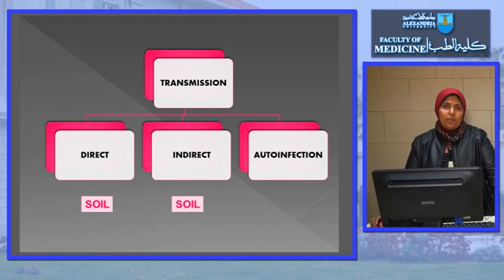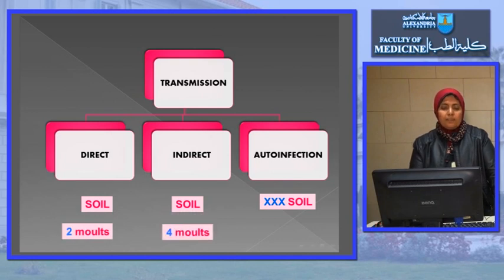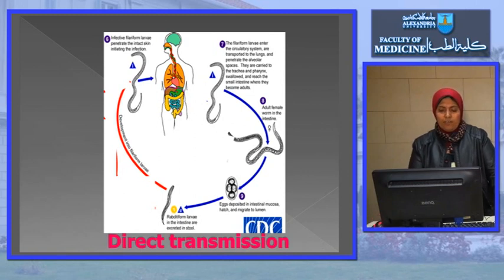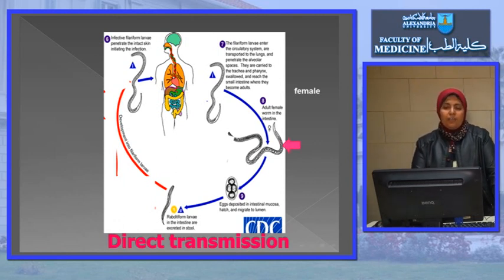The rhabditiform larvae have to descend into the soil in order to molt. And it depends. If it molts 2 times, then this is direct transmission, but if it develops 4 times, this is indirect transmission. Let's explain what we have just said collectively, starting with the direct transmission.